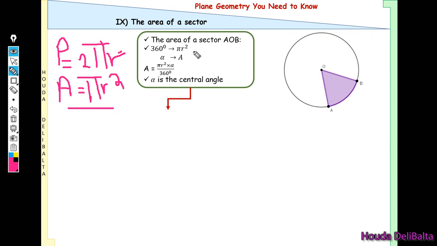So 360 again corresponds to pi r squared. Then alpha is the central angle, as I keep telling you, the central angle facing that arc is corresponding to the area of the sector. Now by cross multiplication, we get that A equals pi r squared times alpha divided by 360, where alpha is the central angle.